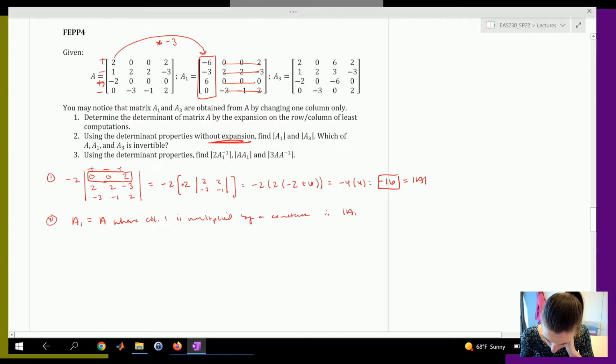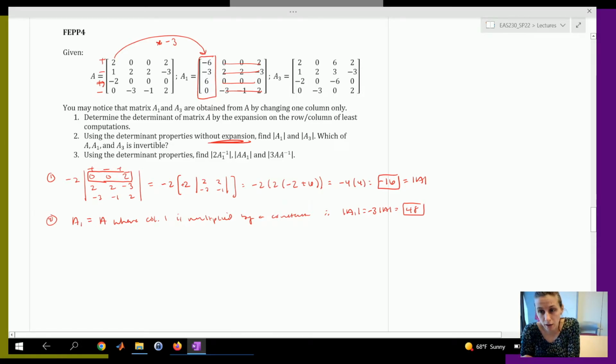Therefore, my determinant of A1 is going to be negative 3 times the determinant of A, or negative 3 times negative 16. 3 times 16 is 30 plus 18, which is 48. There we go. There's my determinant of A1.